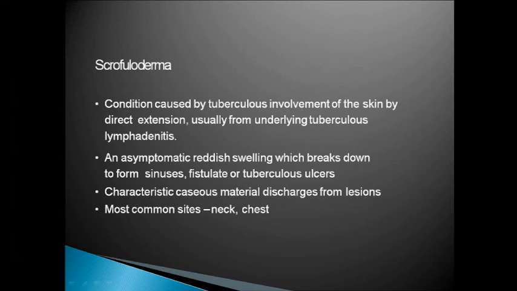So there will be presence of exudate, there will be discharging sinuses, reddish swelling will be there, but characteristically these lesions are not hot, so we call it a cold abscess. Why is it not hot? Because a severe inflammatory response is usually not present in cases of scrofuloderma. It is basically a somewhat cold lesion. Okay, we call it a cold discharge or cold nodule.